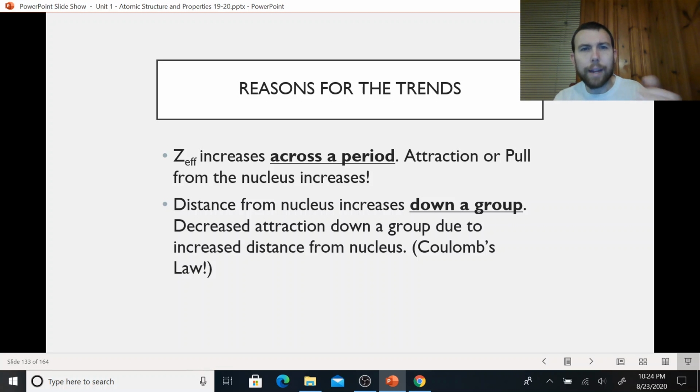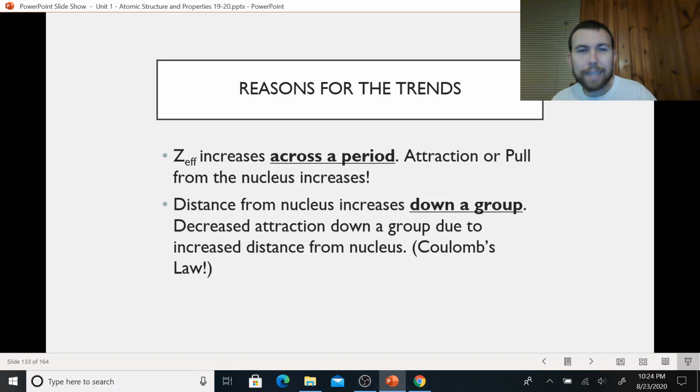Now, when we start to look at this and break this down, effective nuclear charge is going to increase across the period. We've seen that. So that means that the attraction or pull from the nucleus is going to increase. So it's going to have a stronger attractive force as we move across the period. The second piece here, due to Coulomb's law, as distance from the nucleus increases moving down a group, we get decreased attractions down a group due to that increased distance from the nucleus.